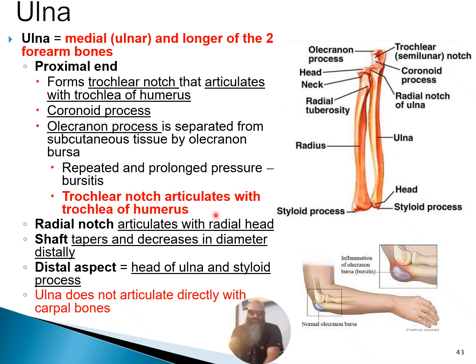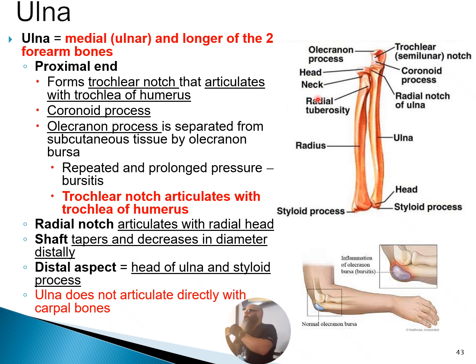So we kind of discussed all this stuff in red already. You know, it's a trochlear notch, articulates with the humerus. Radial notch, that's a space for the radial head. The ulna does the opposite, okay, of the radius.